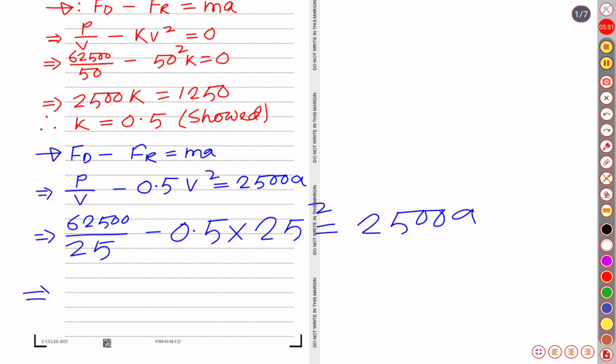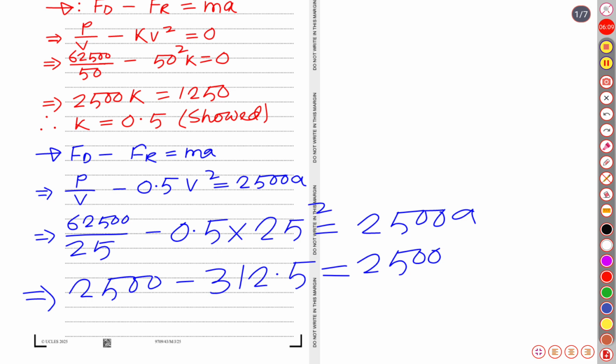Simplifying the left side, it is 2500 minus 312.5, equal to 2500 a.